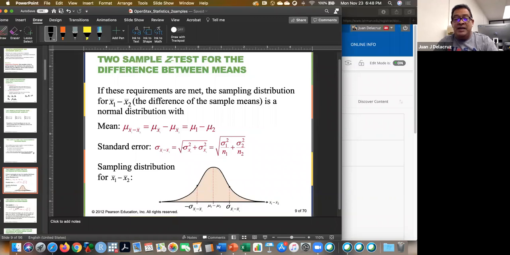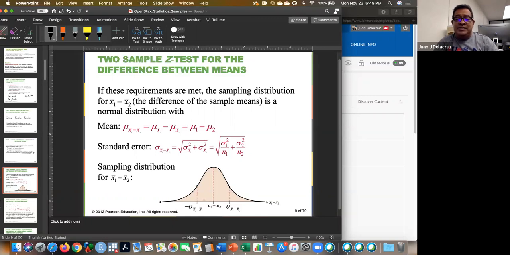I'm going to add them up, and then take the square root. If I don't have the standard error, I can compute it by taking the variance of the first group and dividing it by the sample size. So we know how to get the standard error, and it is going to be given by this formula.